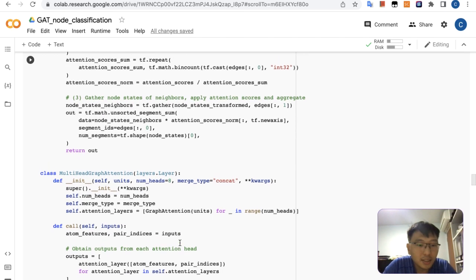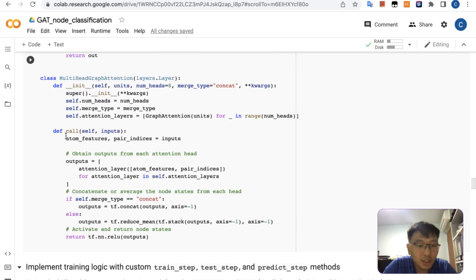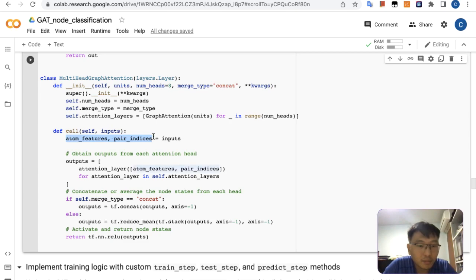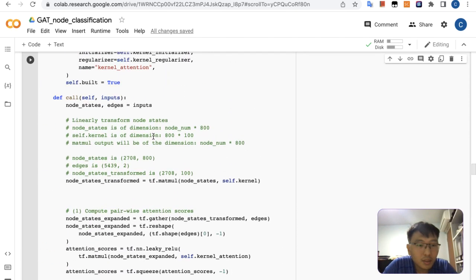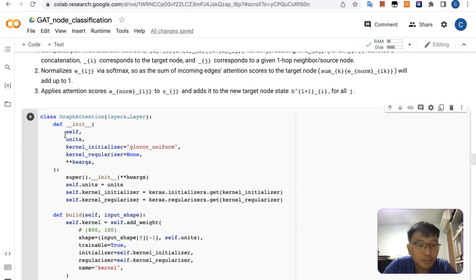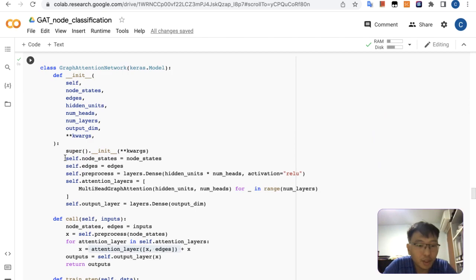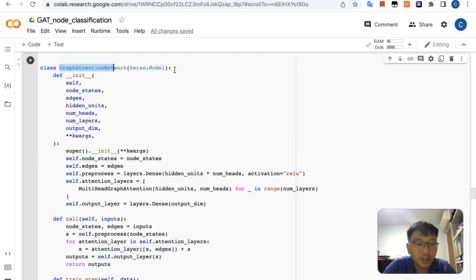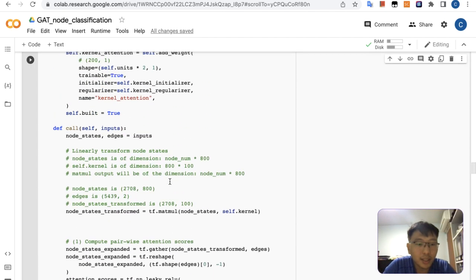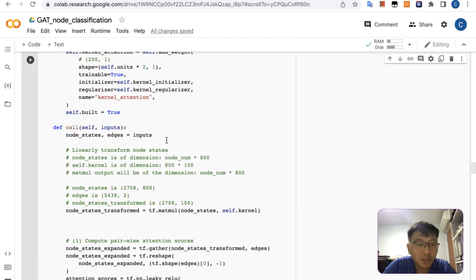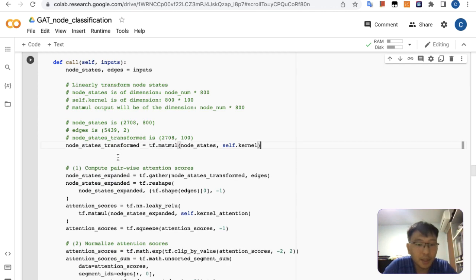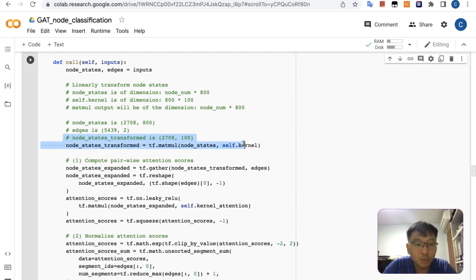When we initialize this, we actually don't have the information over here. The information that we have for the node states and edges are in the bottom level here in the model itself. When we go to the attention layer, there's really nothing here. The main thing is just to first do a form of convolution, or not convolution, just a multiplication with a kernel.